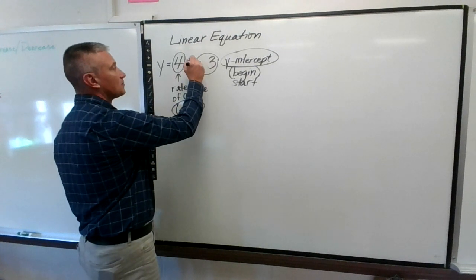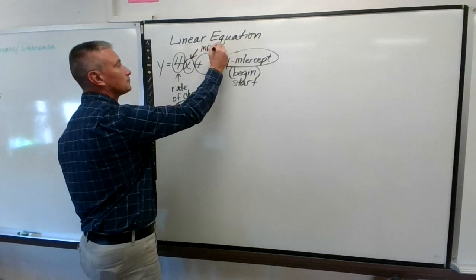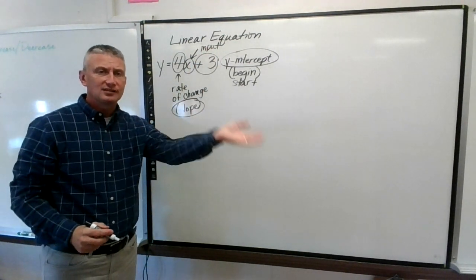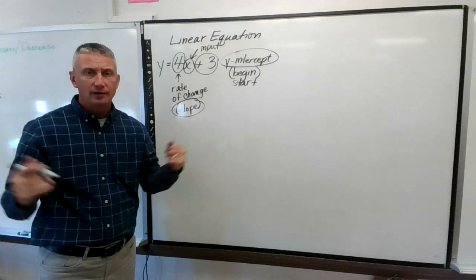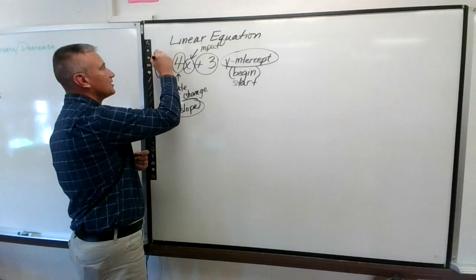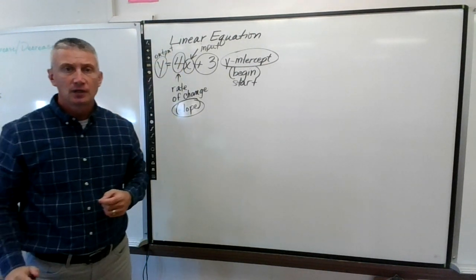The x is your input. That means I can put something in, whatever number I want, and when I put that number in, my y is going to give me my output.